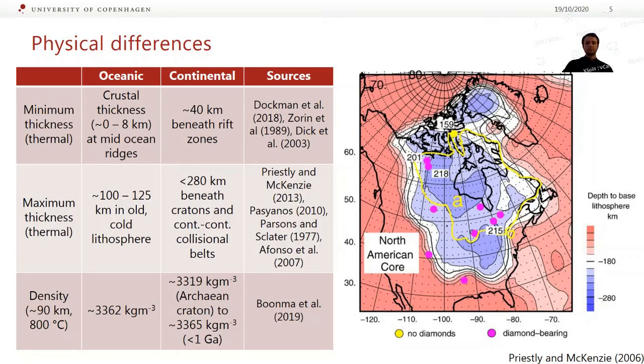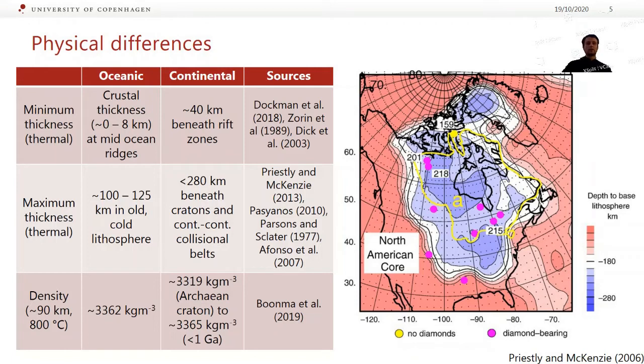On the continents, it's a little bit of a semantics problem, because if you continue to rift continental crust, you'll eventually open up an ocean basin. But beneath a lot of continental rift zones, it might be as thin as 40 kilometers or so. So very, very thin lithosphere. In terms of maximum thicknesses, in old, cold oceanic lithosphere, it'll get up to about 100 or 125 kilometers thick.